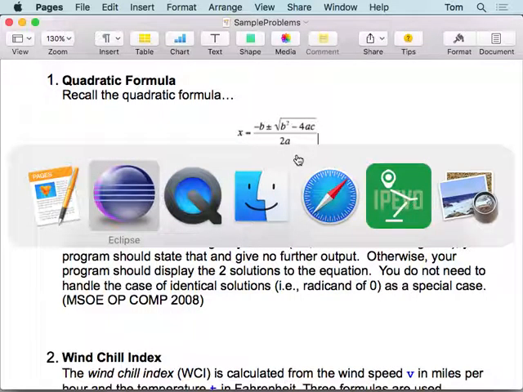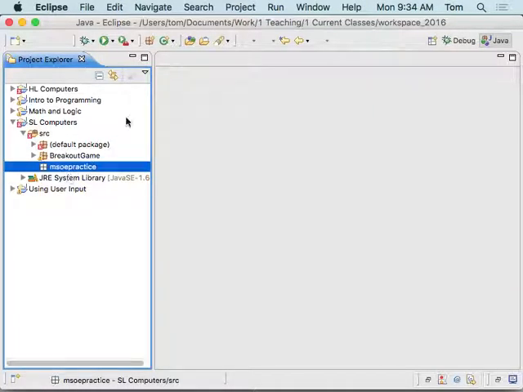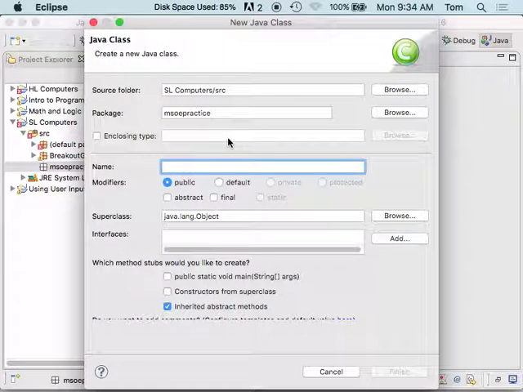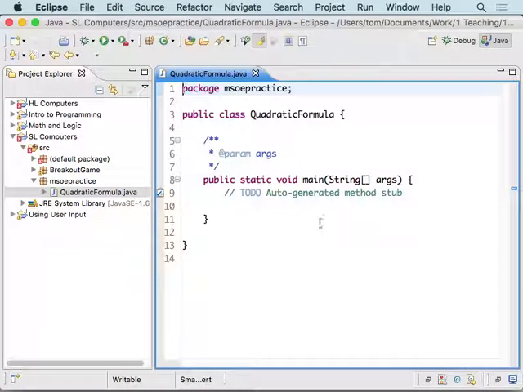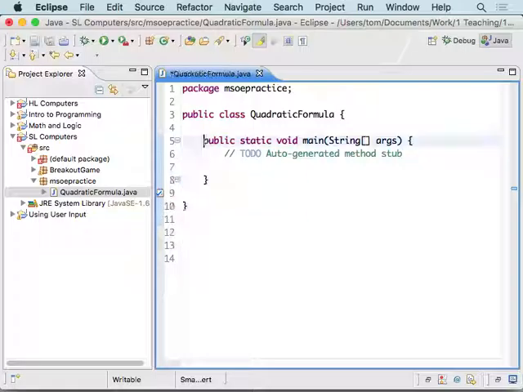Okay, so we're going to start off by creating a new class called quadratic formula. And we want that to have a main method. So I'm just going to clean this up a little bit here.